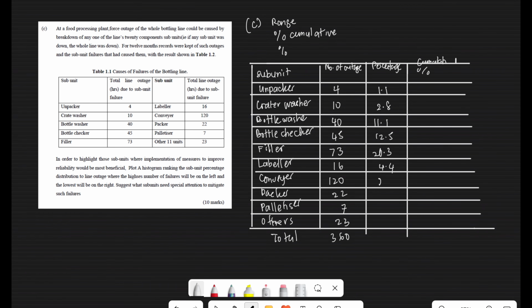Okay, 10 is 2.8, so 120 is 33.3, 22 is 6.1, 7 is 1.9, and 23 is 6.4. Okay. Others is 23.